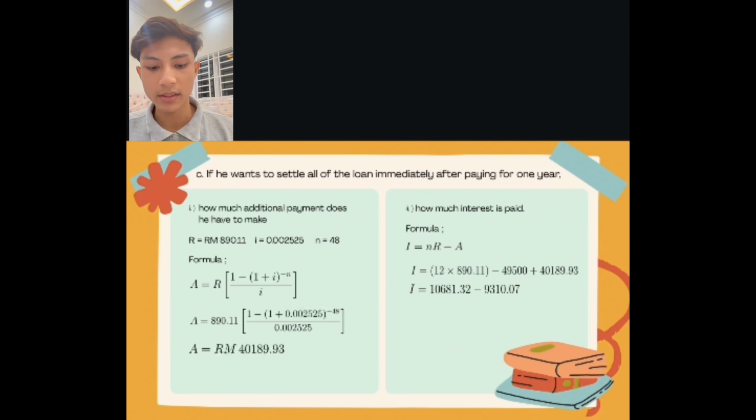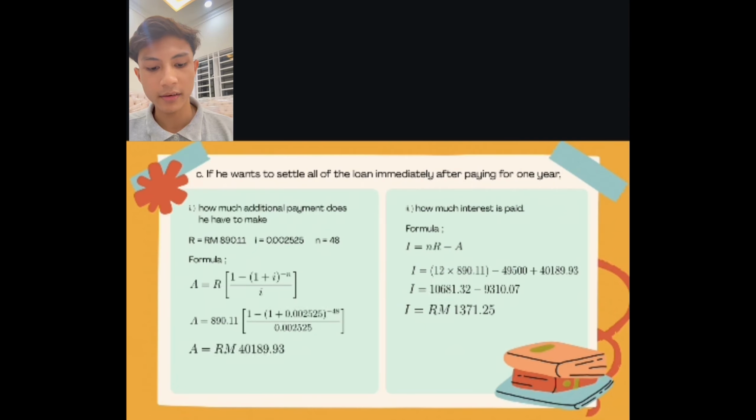Then I substitute the values into the formula. 12 multiplied by 890 ringgit and 11 cents equals 10,681 ringgit and 32 cents.